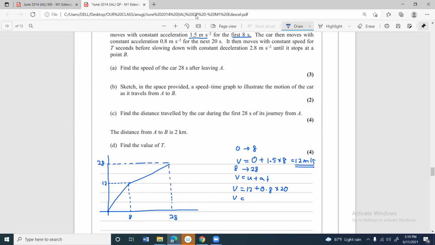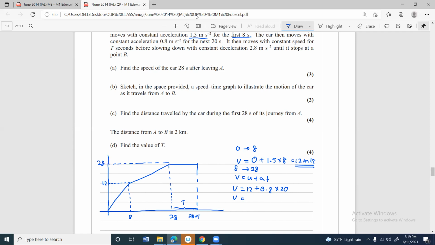Right. Okay, then it moves with a constant speed for t seconds. Another t seconds over here. This time is 28 plus t.